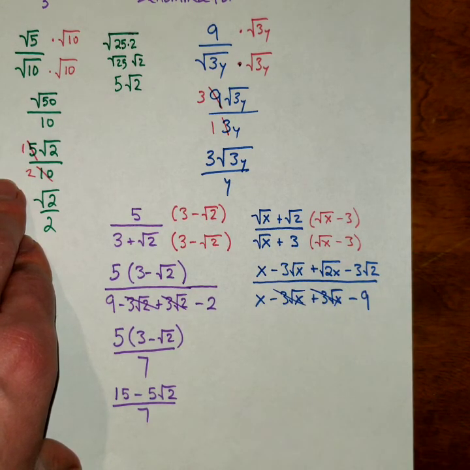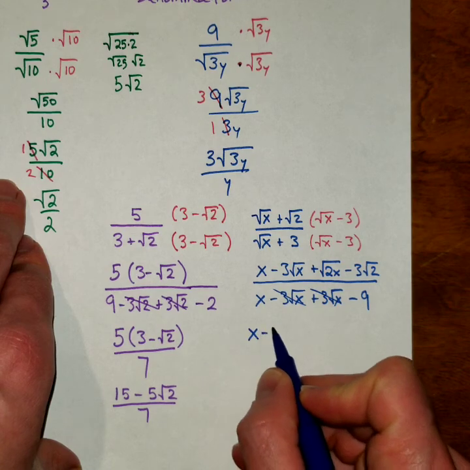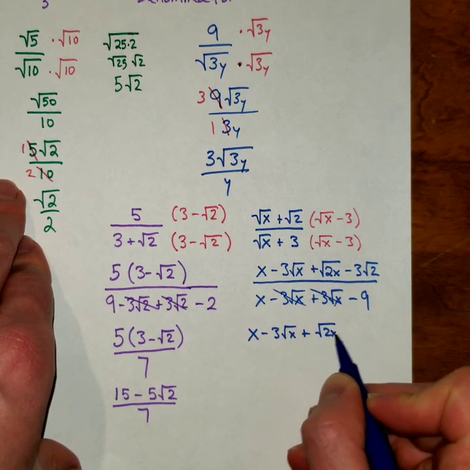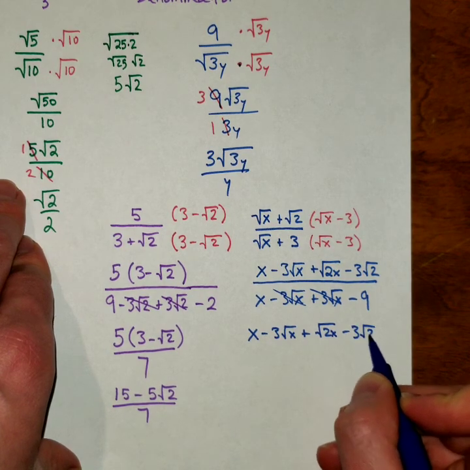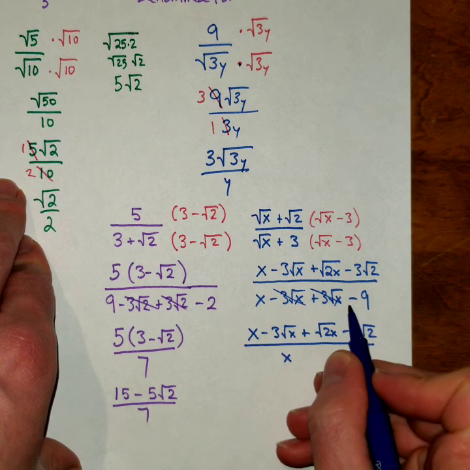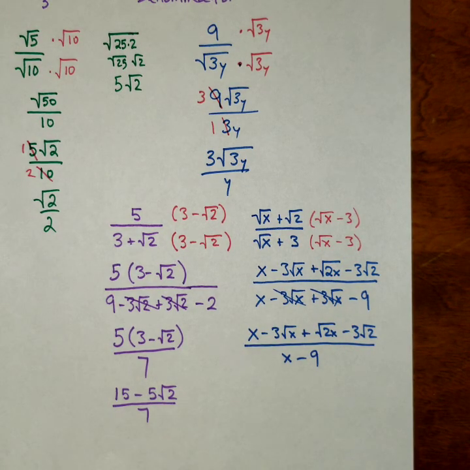Everything is unlike terms. And so we get x minus 3 root x plus root of 2x minus 3 root 2 all over, we get x and a minus 9. Okay? Alright, I think that does it for multiplying and dividing radicals.